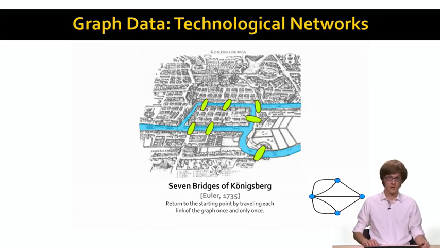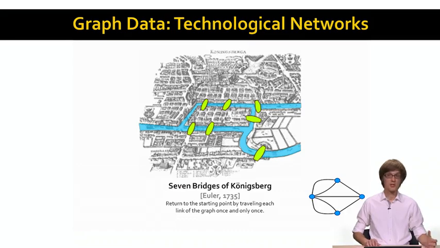Of course, technological networks are also the oldest example of graphs people have been studying. For example, the field of graph theory goes back to the 1700s when Euler posed this problem about the seven bridges of Königsberg, where the idea is that we want to cross and travel each bridge only once. And the question is, can that be done?